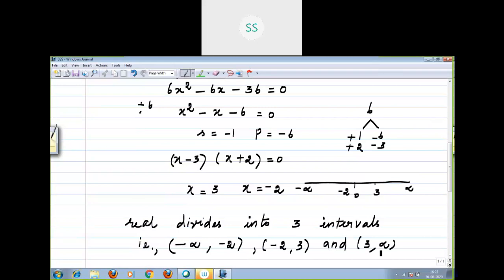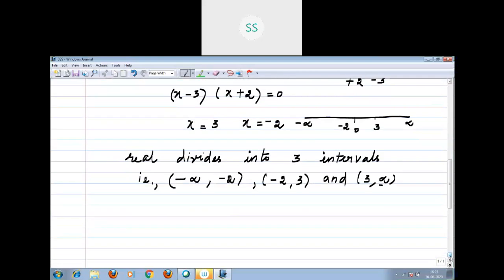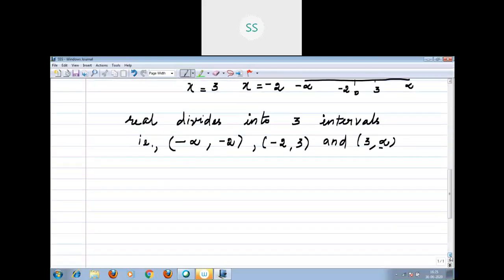Now you people understand how the interval is divided. That is very important. Using the x values you are dividing the interval.